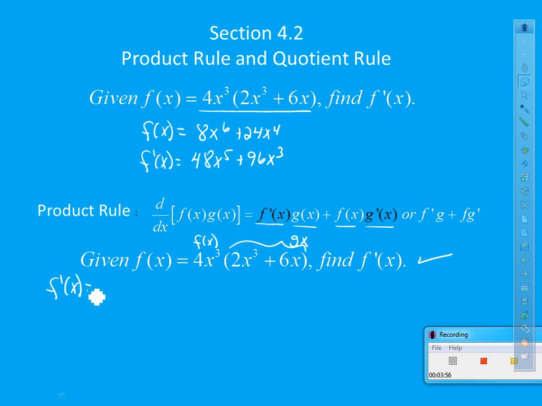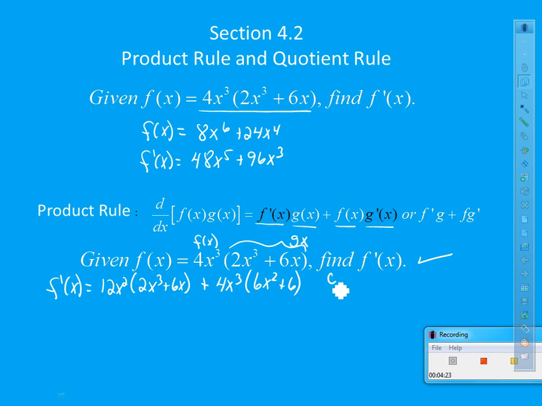F prime of x is going to be the derivative of f of x, which is 12x squared, times the second, which is 2x cubed plus 6x, plus the first, which is 4x cubed, times the derivative of the second. Well, the derivative of 2x cubed plus 6x is 6x squared plus 6.